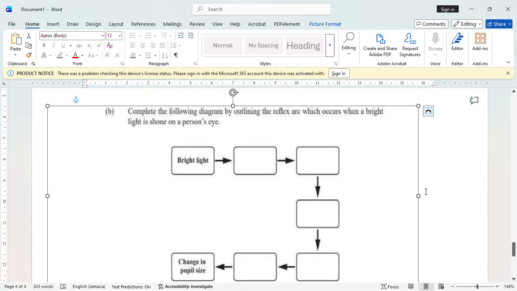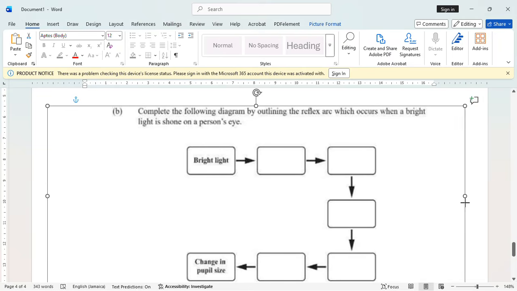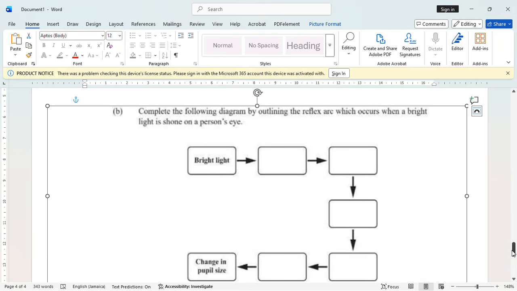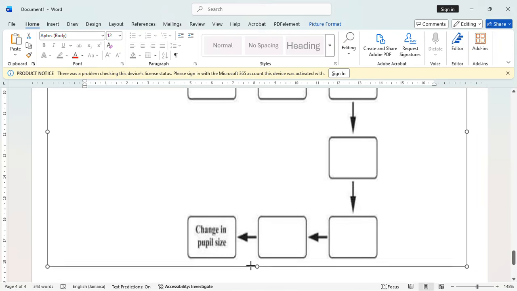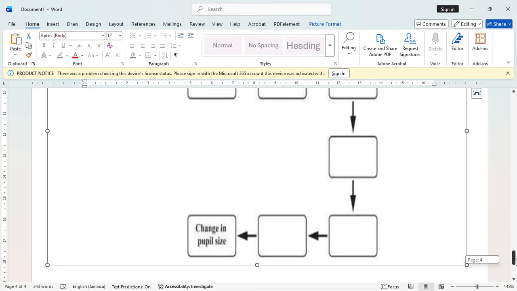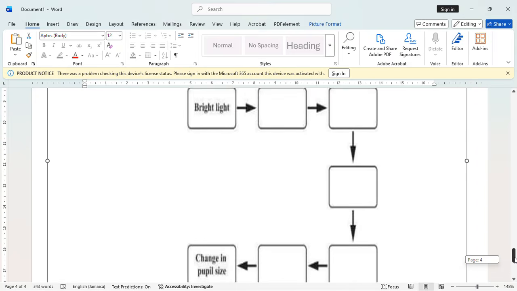So after the bright light, what's going to happen in that box?